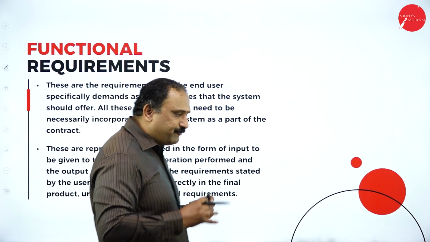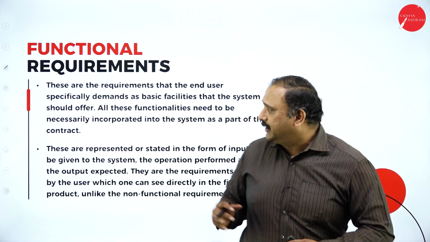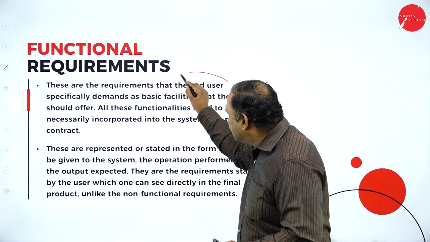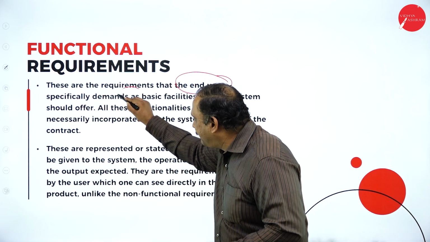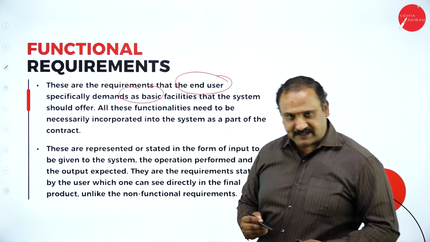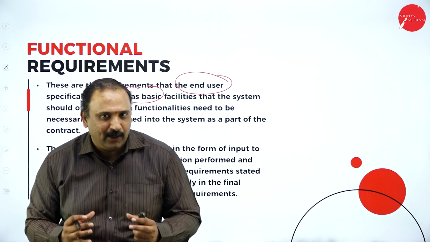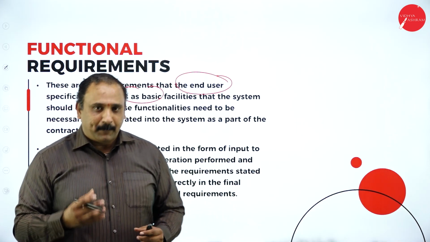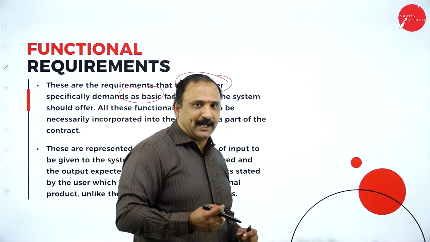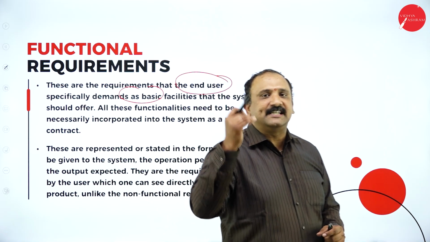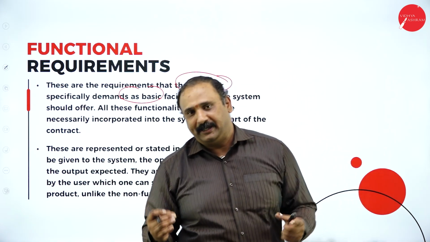Now, moving further, functional, what do you mean by that word? That means to say the requirements that the end user specifically demands as basic facilities. All of us belong to a generation called the mobile or the internet generation. Whenever you use your mobile, you expect every single app to function in a particular manner.